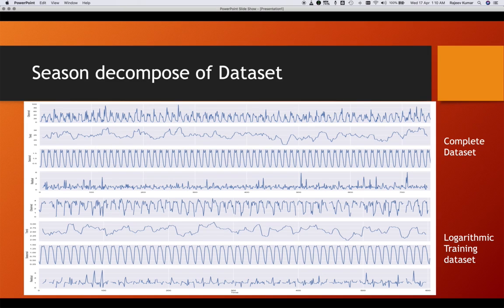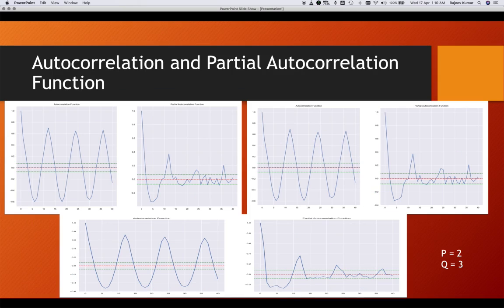To make sure whether there is seasonality in our data set or not, I have used the autocorrelation function, where we can see that the autocorrelation function is constant. It's not changing, so it means there is not much seasonality in our data. Using this, we found the P and Q for our ARIMA model.